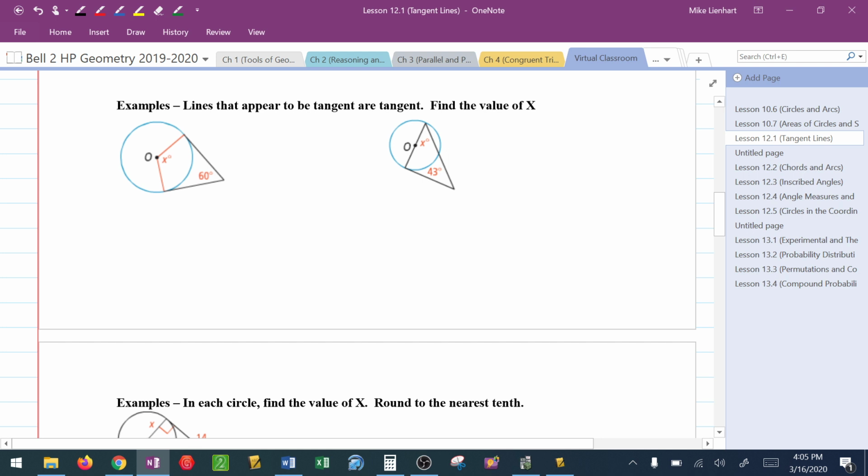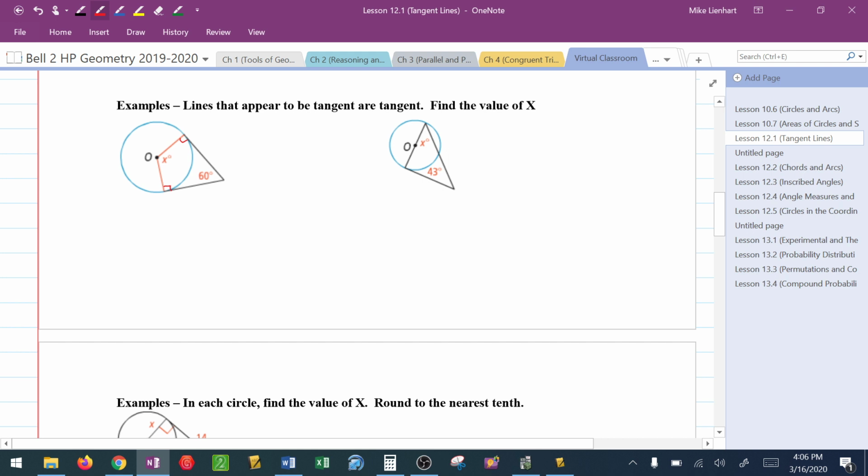In this first problem, I see that this is a right angle and this is a right angle. Why? Because I have two radii, and each radius is meeting this line that appears to hit the edge of the circle. Therefore, it is forming a perpendicular, and we can call those tangents. I have a quadrilateral that now gets formed.